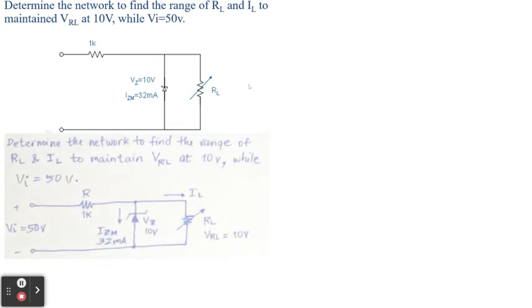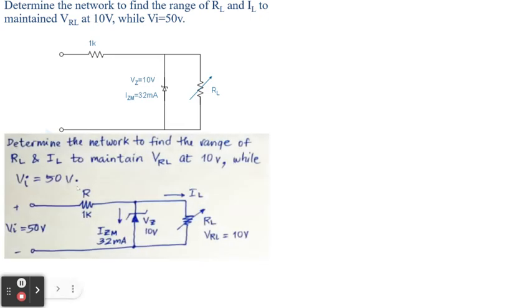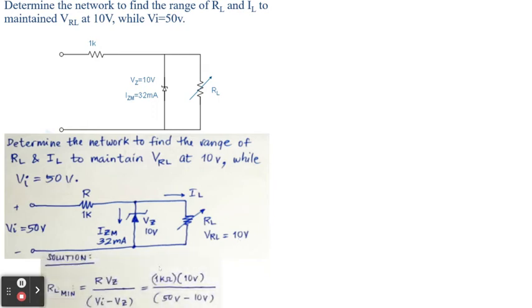Now, just to show it to you again by handwritten calculations, this is the situation that we have: VI 50 volts, 1 kilo ohm R, IZ max 32 milliamperes, VZ 10 volts, and the RL is also 10 volts. Now, in the calculations here, let me remove this first.